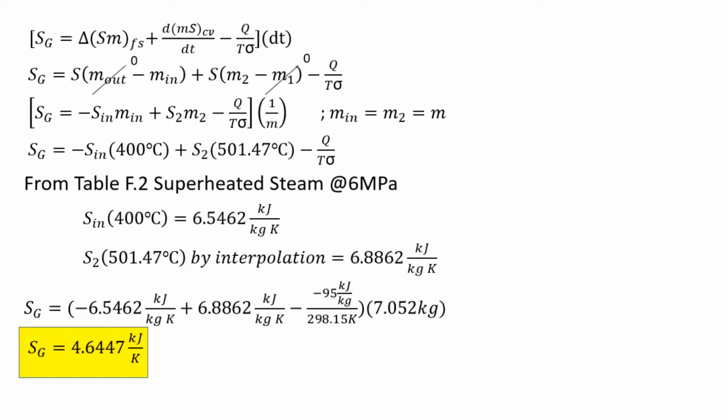By substituting our values and multiplying by the mass of 7.052 kilograms, we get that the entropy change of the universe is 4.6447 kilojoules per Kelvin.